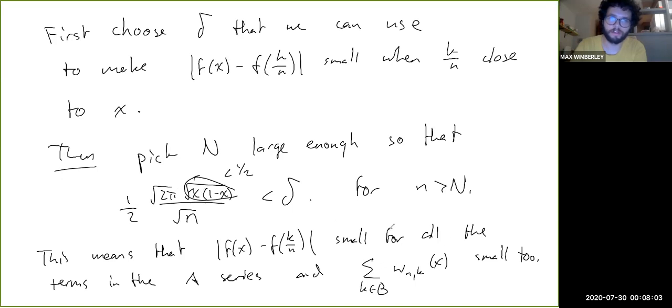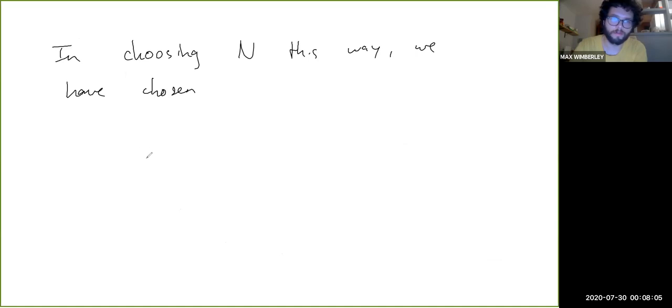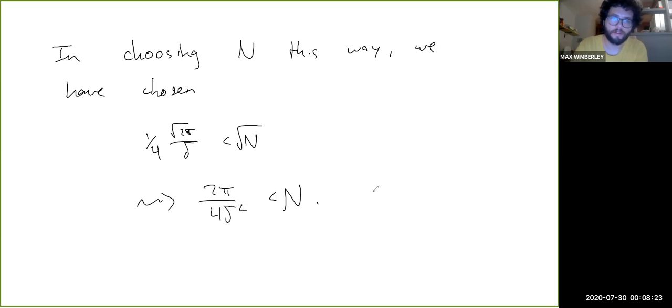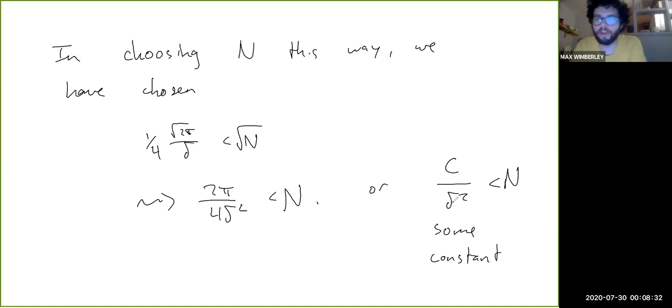So as long as we choose 1/4 the square root of 2 pi over delta to be less than square root of capital N. So let's say 2 pi over 4 delta squared is less than n, or some constant over delta squared is less than n.